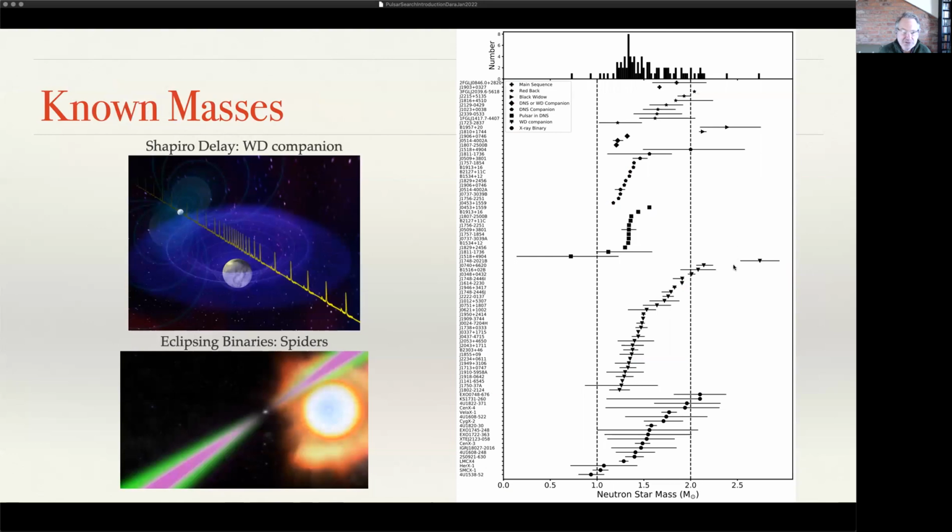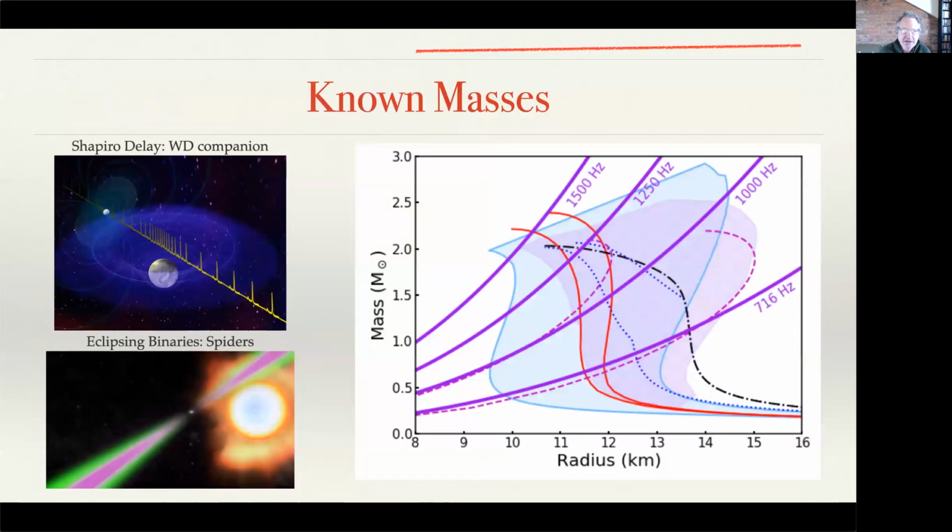But there are some very interesting ones here, like this one, which looks like it has a relatively large error bar, but it looks like it's more than 2.5 solar masses. There's 2 here with quite small error bars that are definitely above 2 solar masses. And so there's evidence that there are at least some neutron stars with more than 2 solar masses. And so we can take these masses and we put them on this graph. And again, as I said, they rule out different equations of state for the neutron star material.